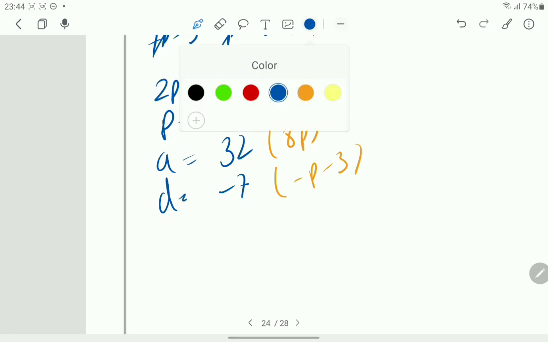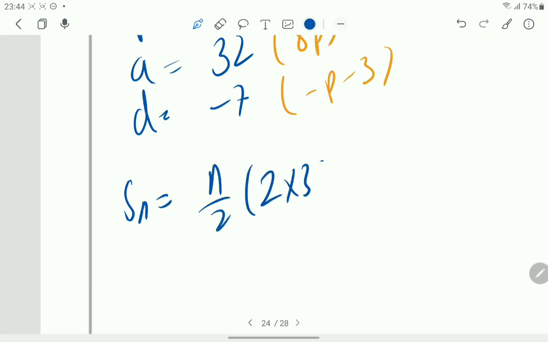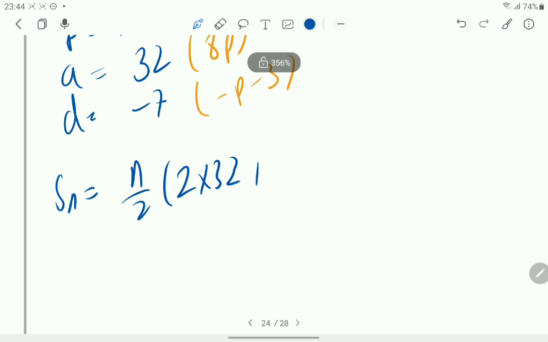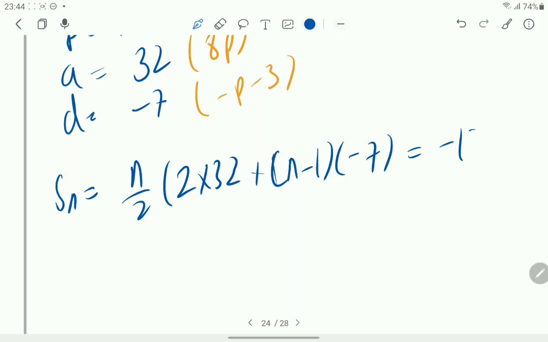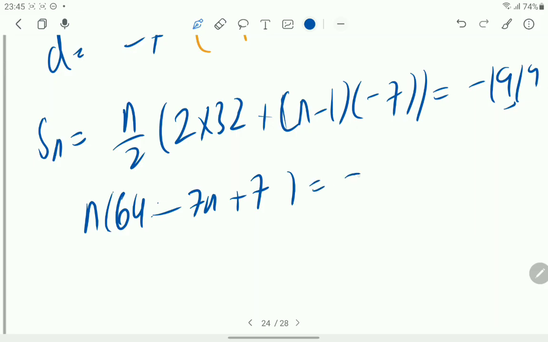Now going back to the formula for the sum, we can find that S of n equals n over 2 times 32 plus n minus 1 times minus 7 equals minus 1914, and let's send this here. So we get n times 64 minus 7n plus 7 equals minus 3828.